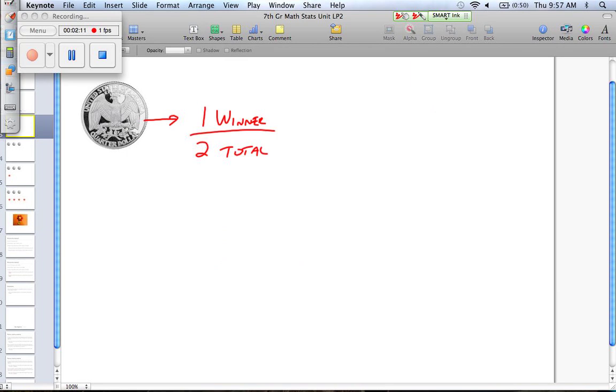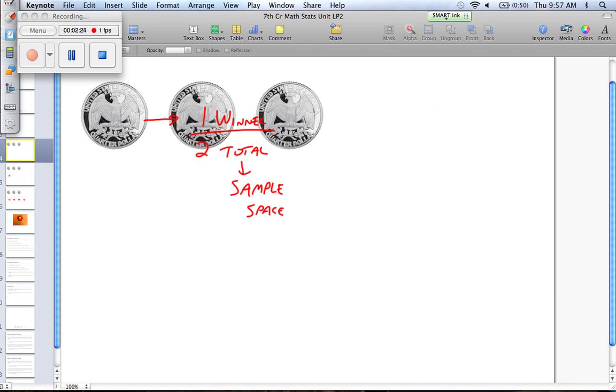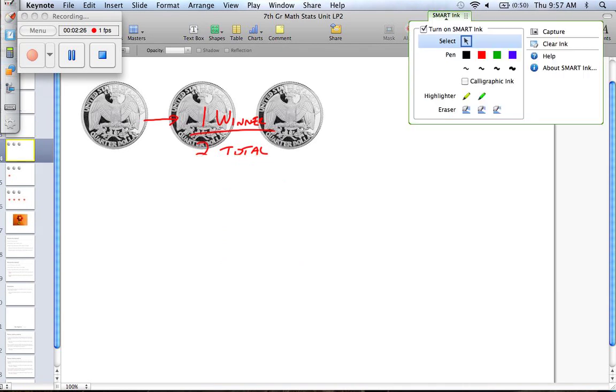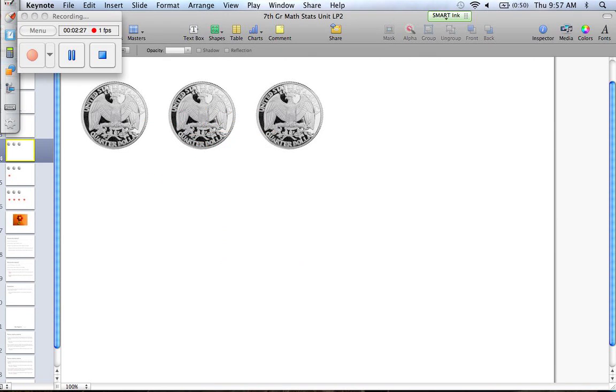And remember, we call our total the sample space. So in order to figure out the probability of 3 tails in a row, we just need to calculate how many winners and how many total options there are. So let's start with the first one.